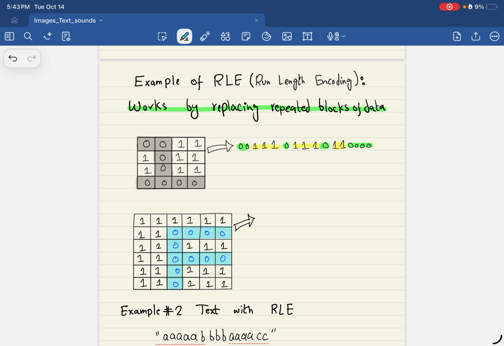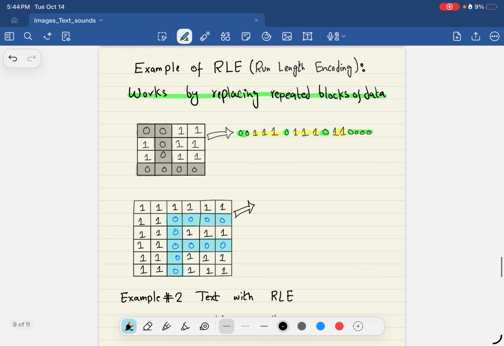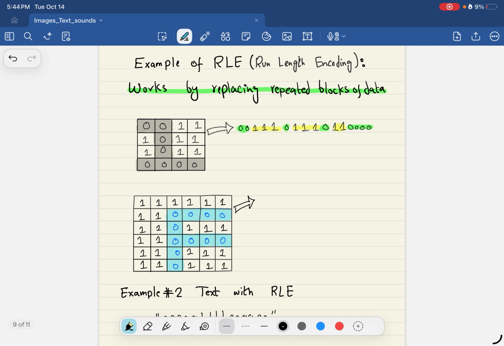Now how many digits do we have for this series of data points over here? There's going to be a total of 16 bits, so a total of 16 digits.